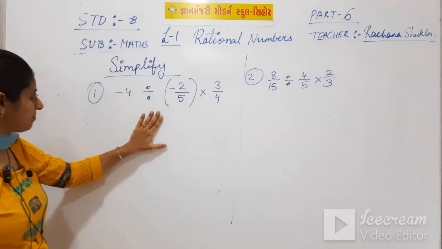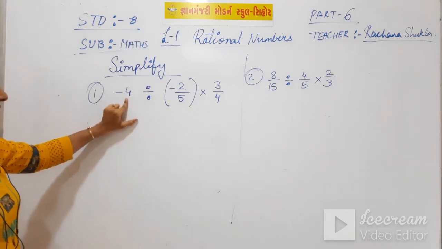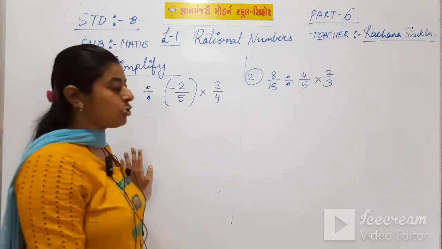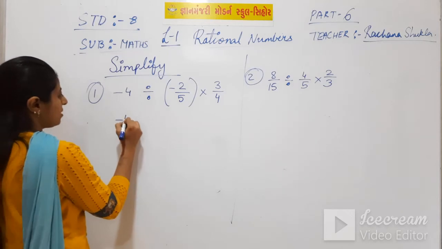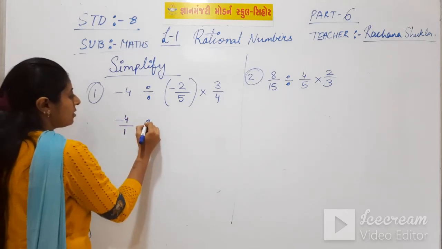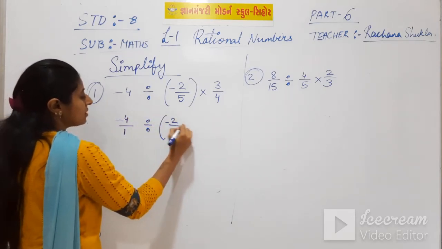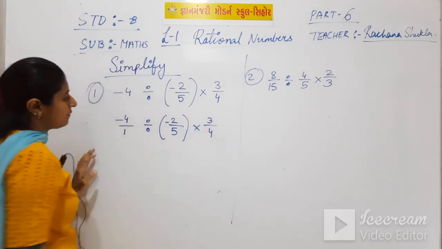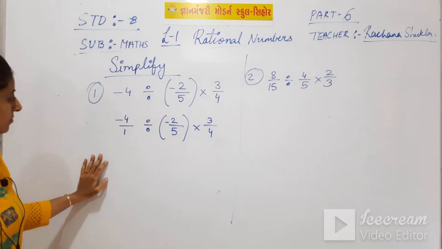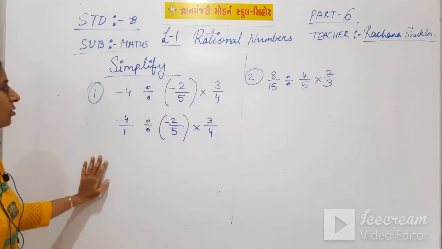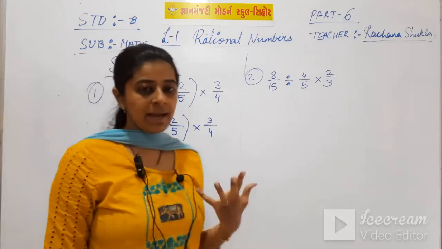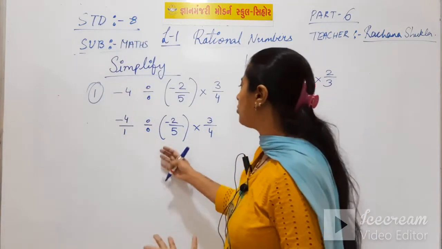Starting with the first sum, minus 4. There is nothing in the denominator of minus 4, so you will put 1. Minus 4 upon 1 divided by minus 2 upon 5 into 3 upon 4. Now, according to the BODMAS rule, first we will carry out division.